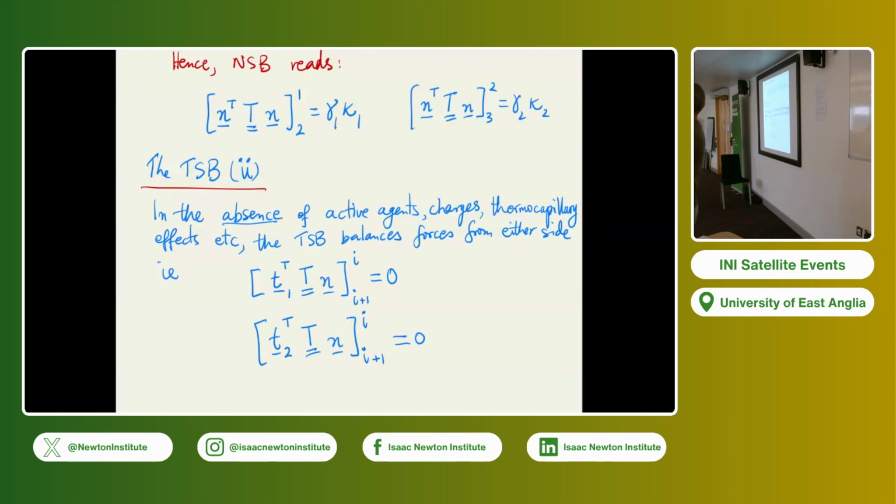It's a little bit like you take a drum and puncture a hole in it, an elastic membrane. It's the same thing. So surface tension gradients can affect flows significantly.